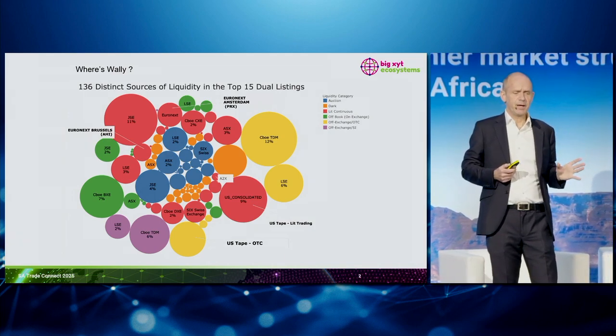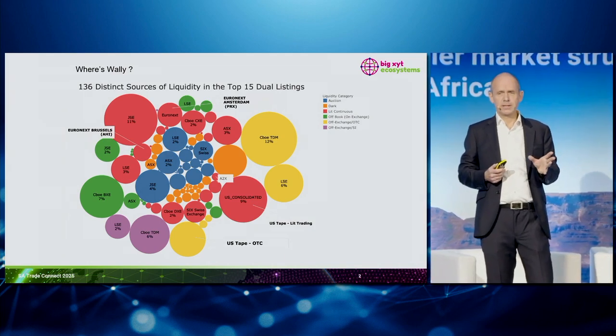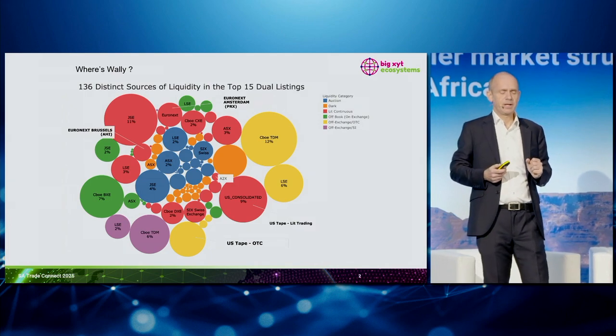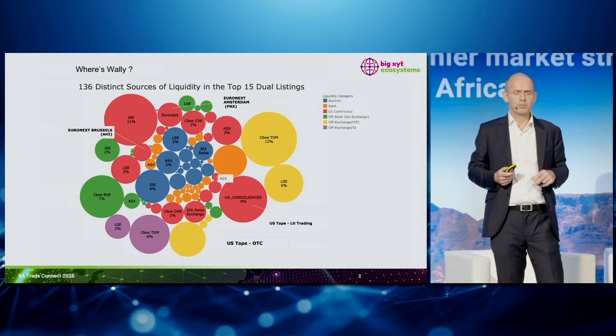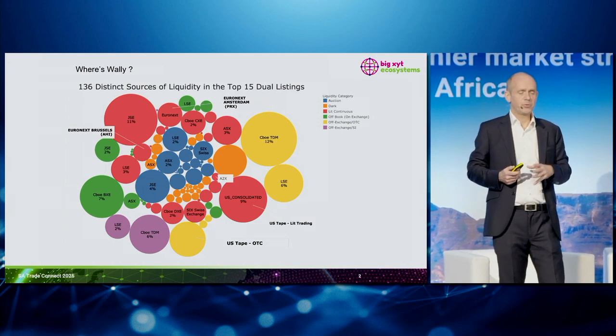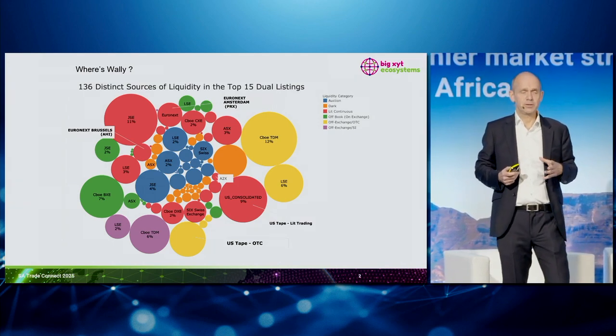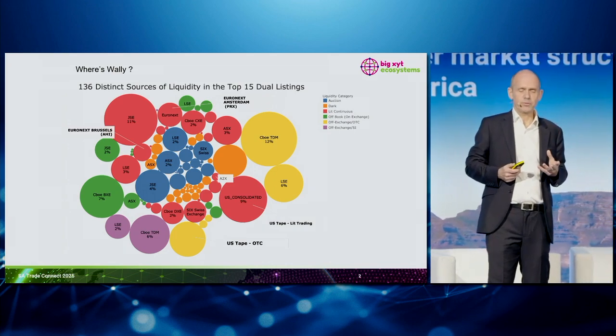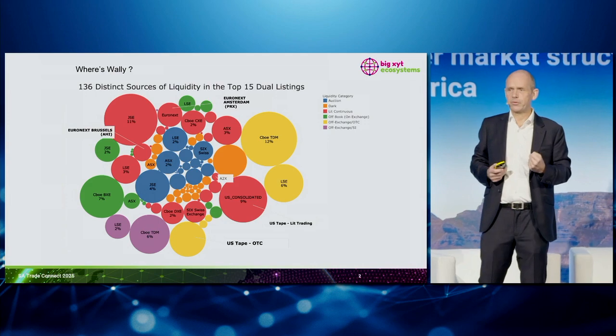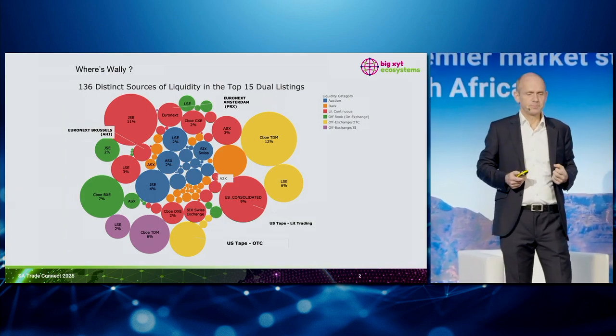If we expand that to the full 439 dual listings in South Africa, it gets even more complicated. It multiplies. 136 times 15 times 30. That's roughly times about 21. That's roughly the number of data points that we're looking at, just to understand how much has been traded.